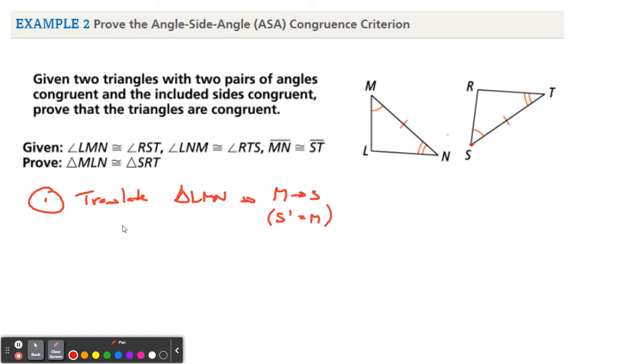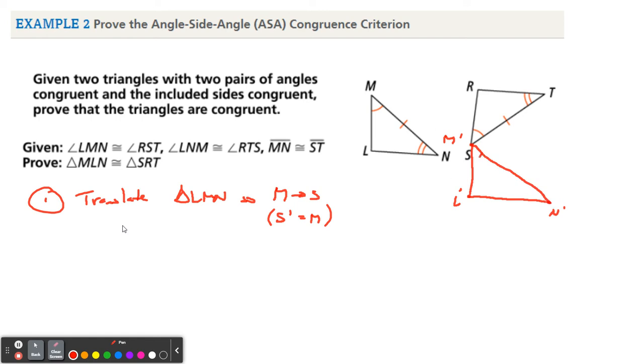So now this is M prime, and all of this will stay the same. So this M to L will go down right around there. That'll be L prime. N will come right around here. That's N prime. And there we go. So that's the first translation.